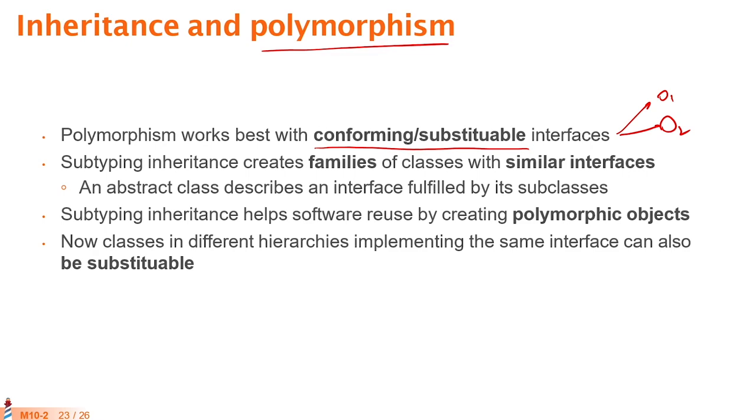When we are subtyping, using inheritance to get subtyping, we create families of classes with similar interfaces. And usually we create an abstract superclass, and then we will have concrete classes.